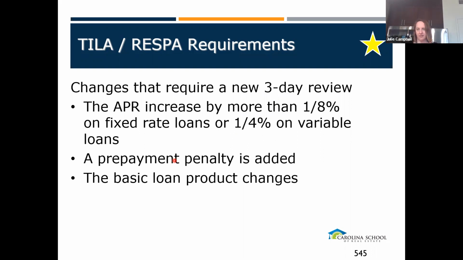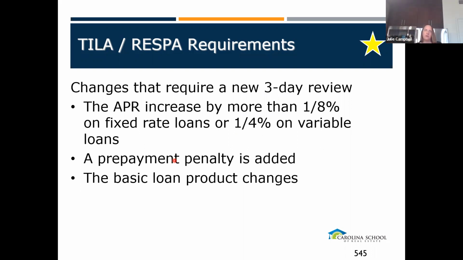These are the only things that will require a new 3-day count. You can have other changes, but they're not going to require a new 3-day count. So if the APR goes up, you add a prepayment penalty, or the buyer changes the product.